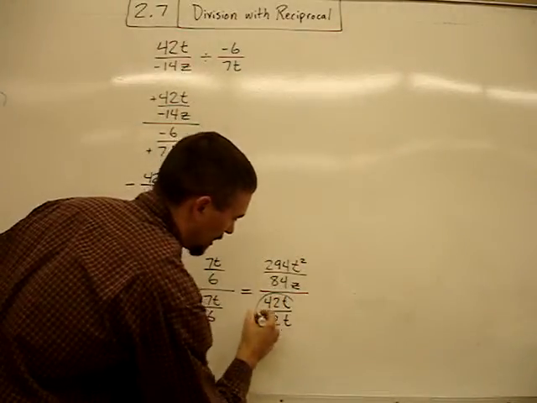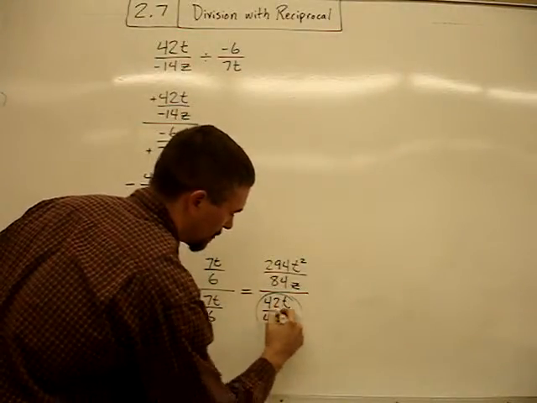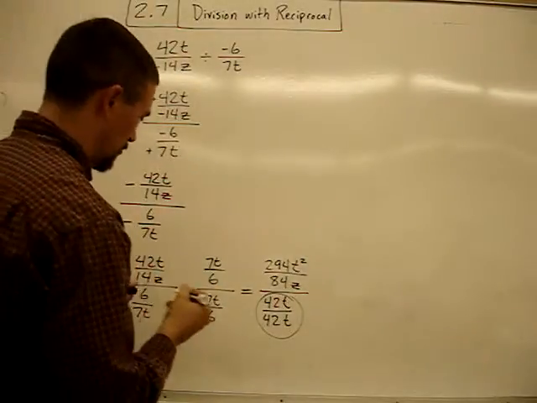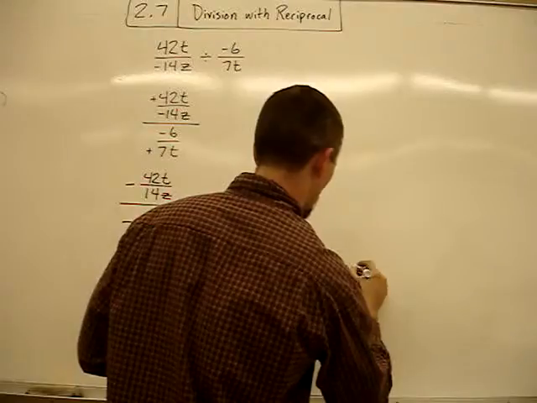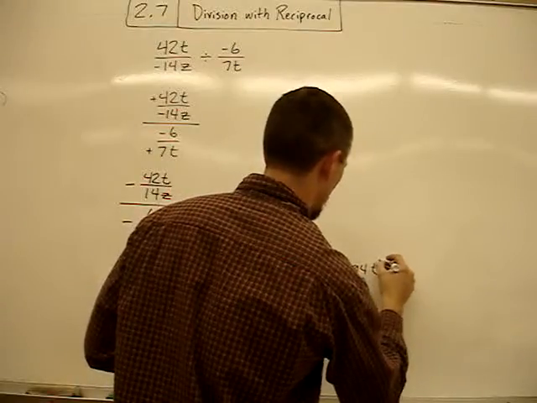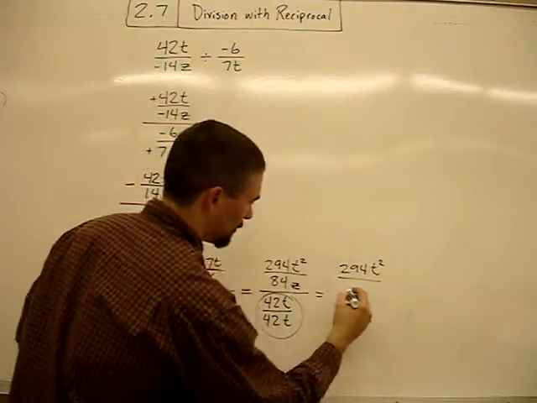Obviously, anything over itself is just a big 1, so we can ignore that. We can just drop it in our next step. 294 t squared over 84z.